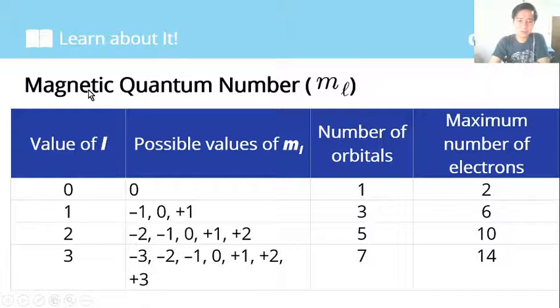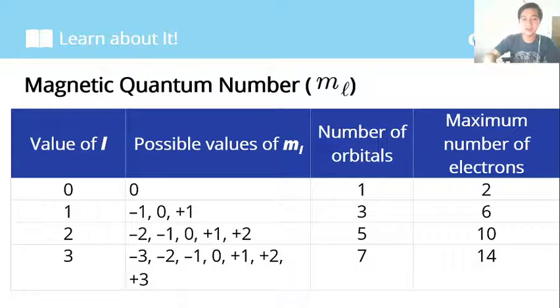So in summary, M sub L is the magnetic quantum number. If the value of L is 0, what's the possible value of M sub L? Basically it's 0. But if the value of L is 1, then what are the possible values for M sub L?